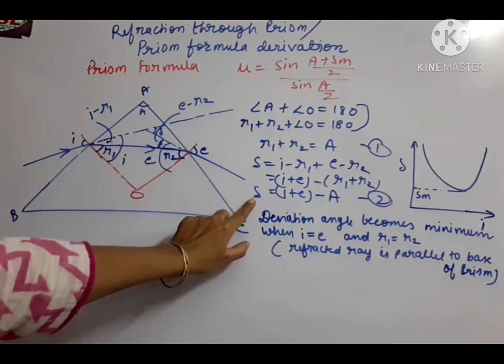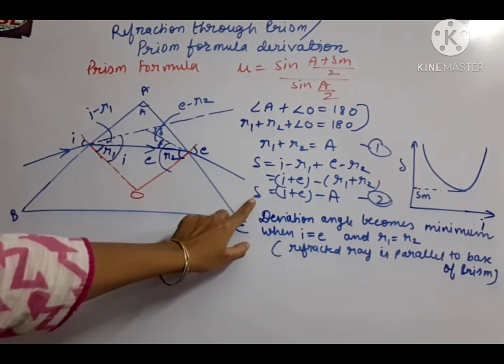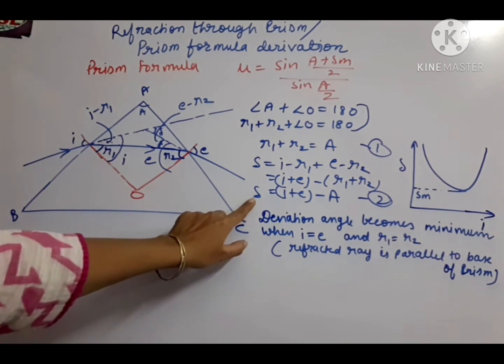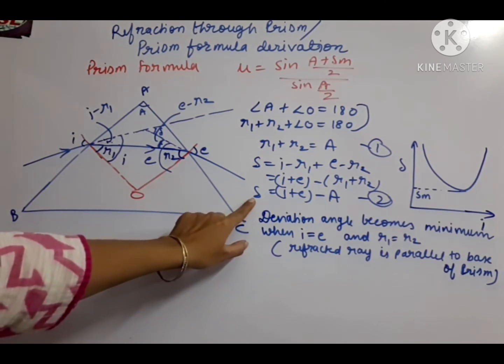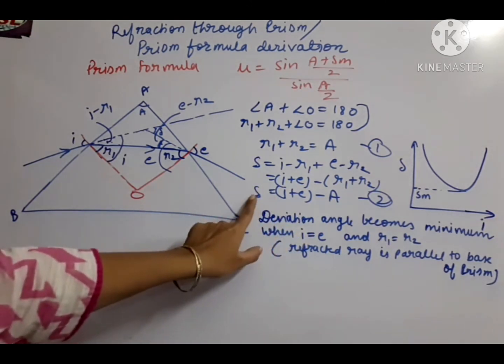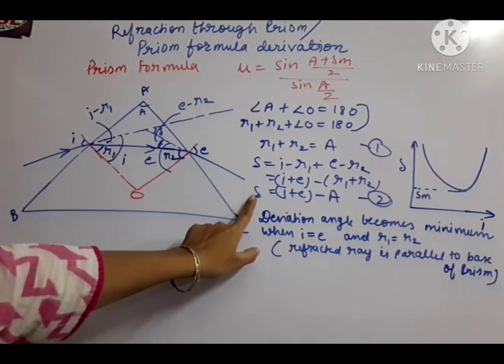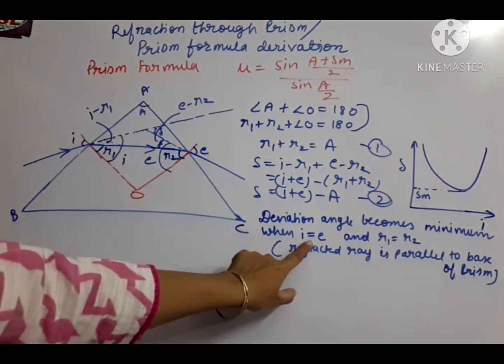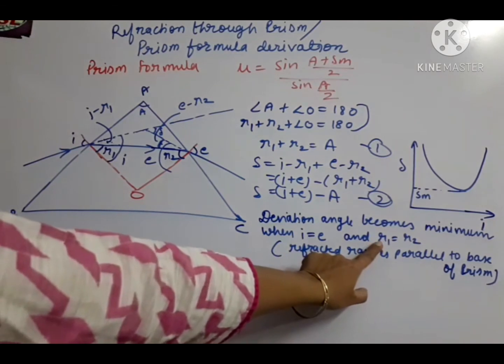If we differentiate delta with respect to I and put it equal to 0, that gives us the points where it is maximum or minimum. In that manner, we obtain that the deviation angle becomes minimum when I equals E and R1 equals R2.